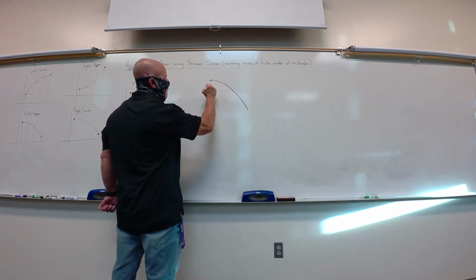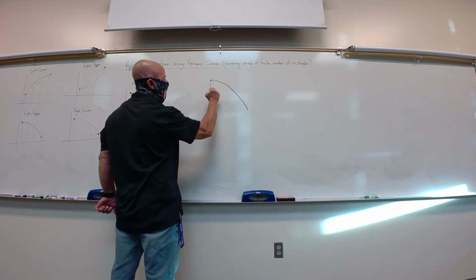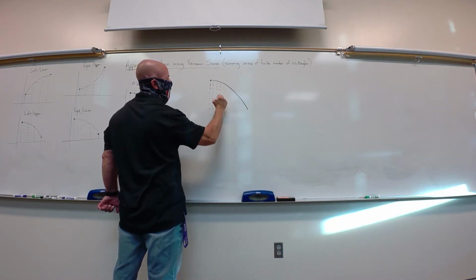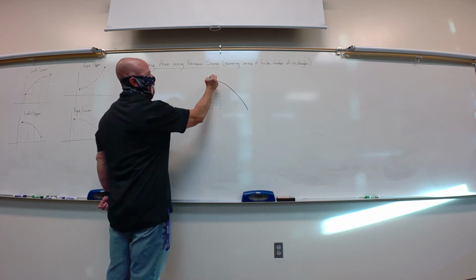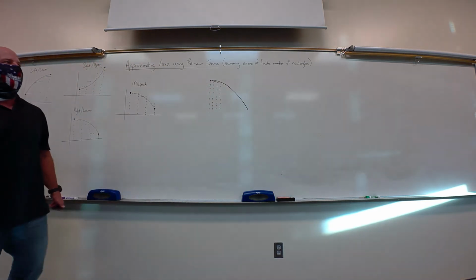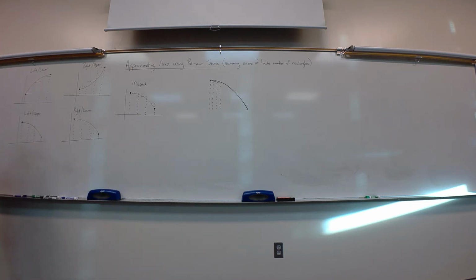So if I had something like this and made them a lot smaller, it'd be a lot more rectangles, but it still wouldn't be perfect. You're still either going to come from one side and not have quite enough coverage, or come from the other side and have more than you need. So the width's got to be infinitely small, right? And that's what we would call an infinite Riemann sum.